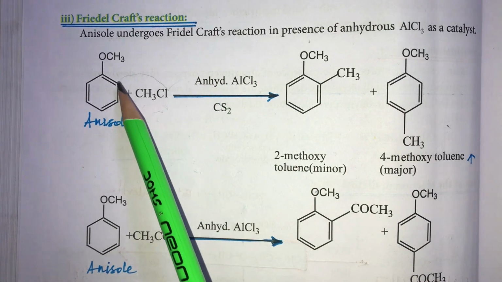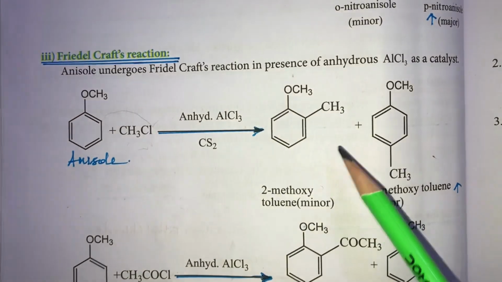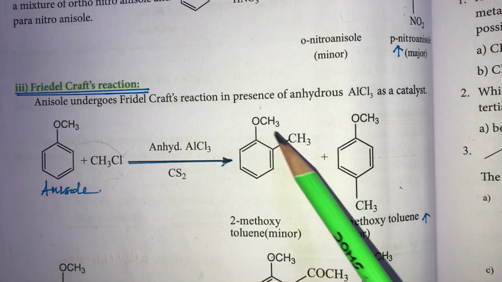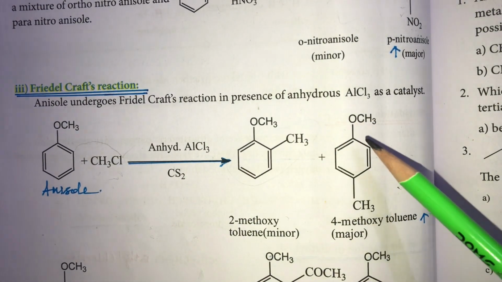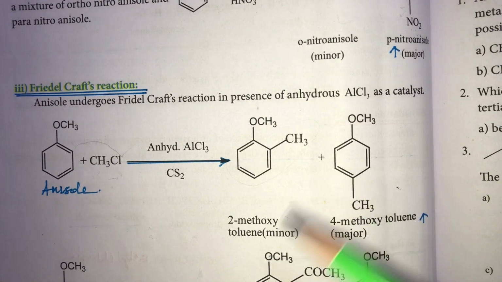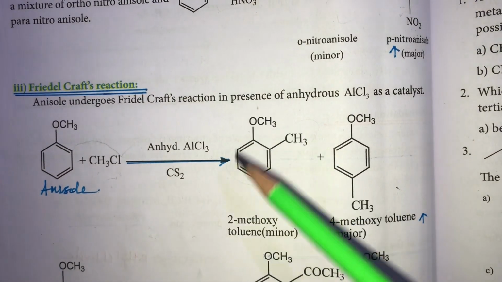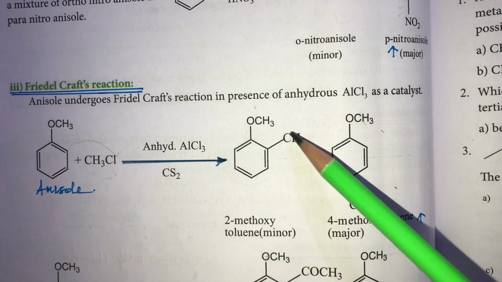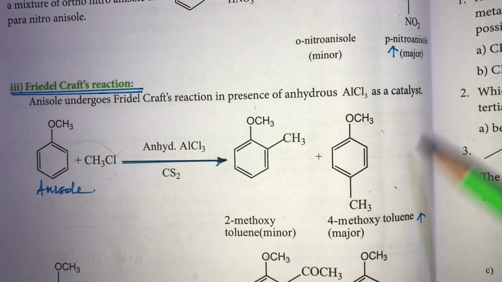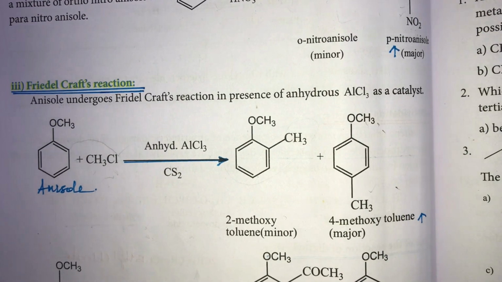Instead of the hydrogen, the methyl group is substituted. The methylbenzene is called toluene, so 2-methoxytoluene and 4-methoxytoluene are formed.